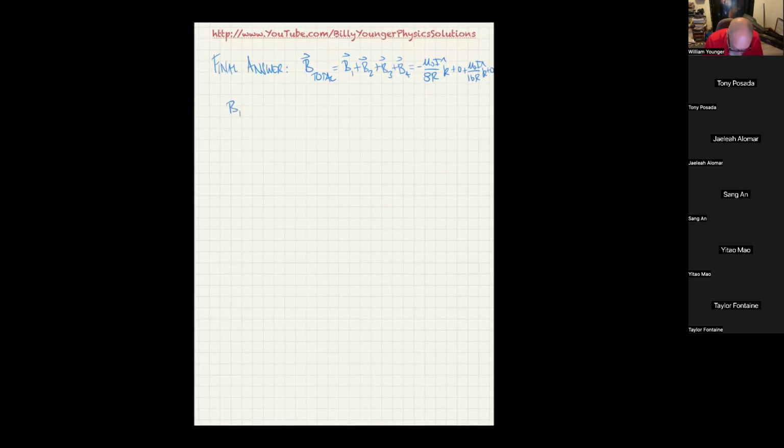So B total is equal to negative mu 0 I over 16R k hat. Any questions on that?